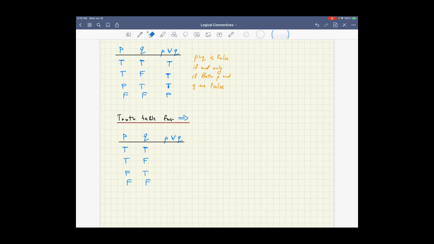The thing to remember here is that when we write P implies Q in this context, P is called premise and Q is called implication or consequence.